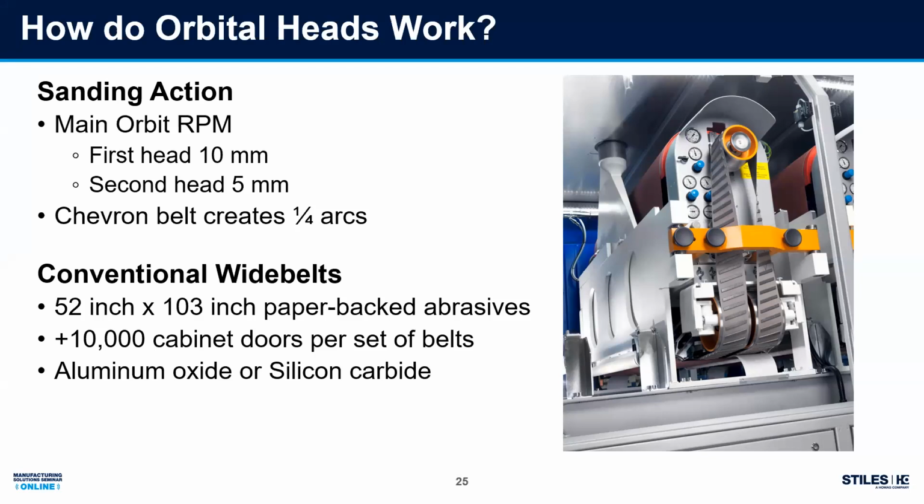And you don't spend all the time changing out the small pads with that small surface area. We can use aluminum oxide, which would commonly be used on the first head, and silicon carbide on the second head. But you can use aluminum oxide on both heads, depending on how dark or light you would like that stain to bond with your workpiece.